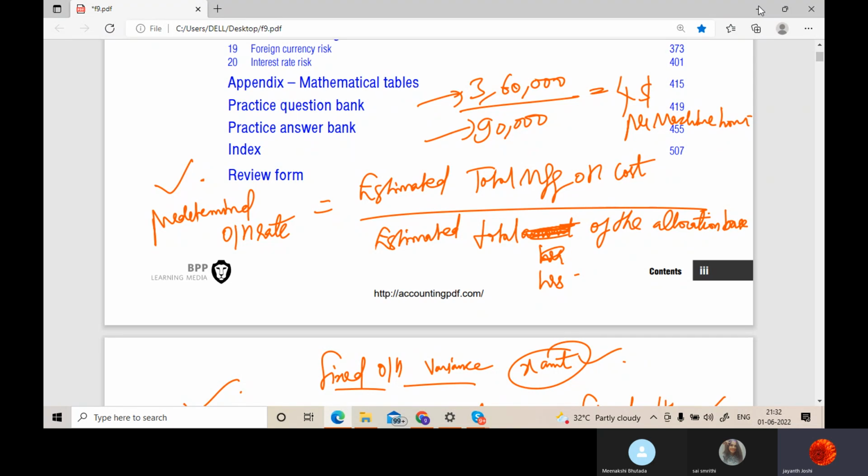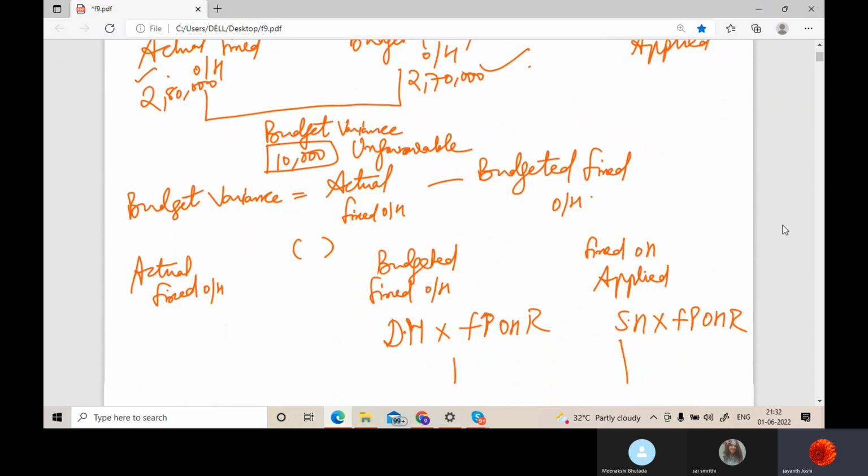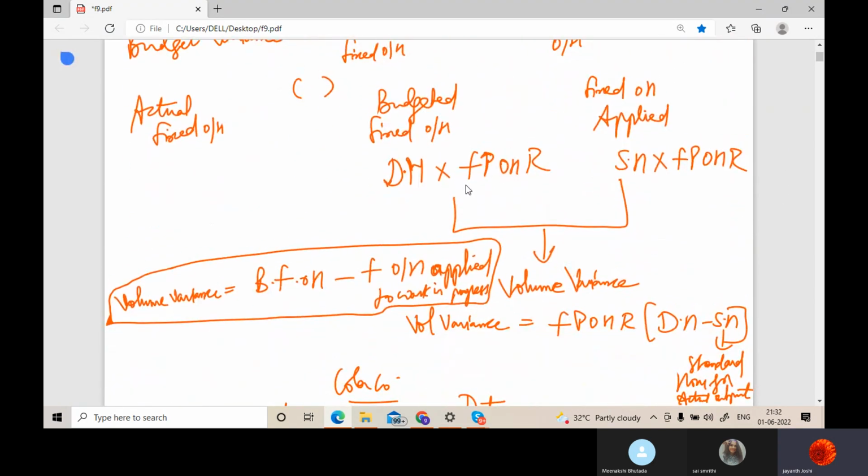So this is the predetermined overhead rate. But when you see our formula, we require the fixed predetermined overhead rate, not POHR. We don't want POHR. We want FPOHR. Okay. So now we have to see in the question the variable and the fixed elements.